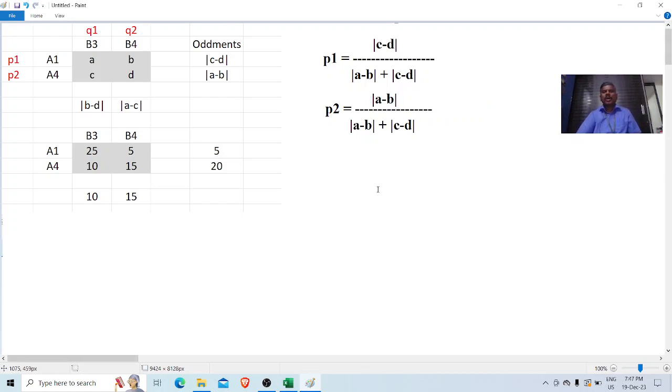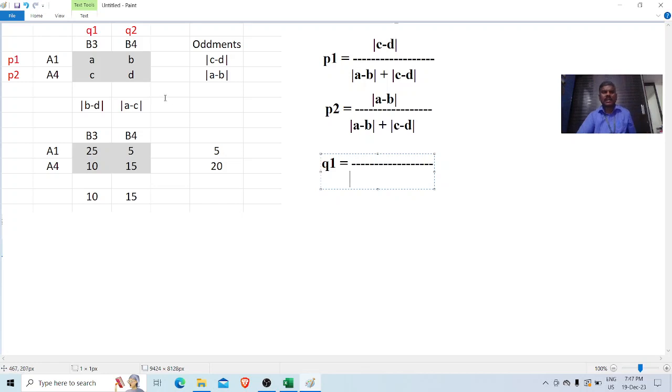Next, we will write the formula for the strategies used by firm B for identifying the probability. The probability of using the strategy B3 is Q1. Q1 is equal to, so first we will fix the denominator because it is easy to remember the formula.